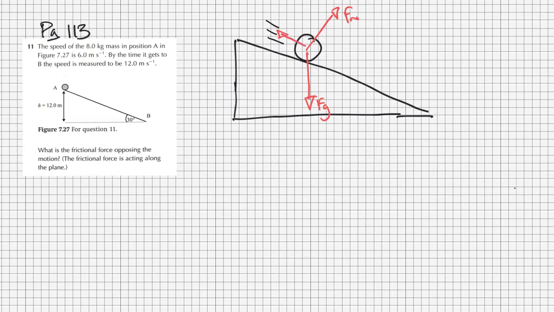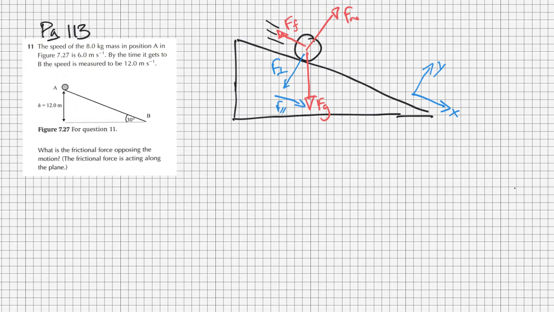So my frictional force is going to be here. And then again, we're going to make my axes. This is going to be in the positive x direction, down the ramp, positive y direction. And I'm going to break my gravitational force into its perpendicular and its parallel. Sorry, that's the parallel force.